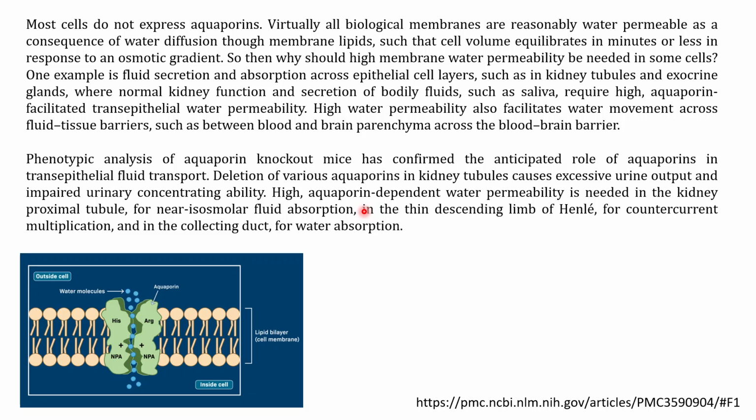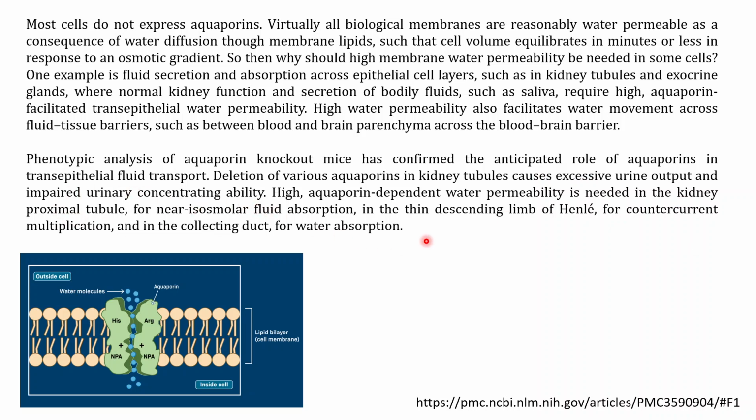Okay. So when they analyzed the phenotypes of these aquaporin knockout mice, this is when they were initially trying to figure out what an aquaporin really does, right? This anticipated role of aquaporins in transepithelial fluid transport, they were able to prove because they saw that deleting them caused excess urine output and impaired urinary concentrating ability, right?